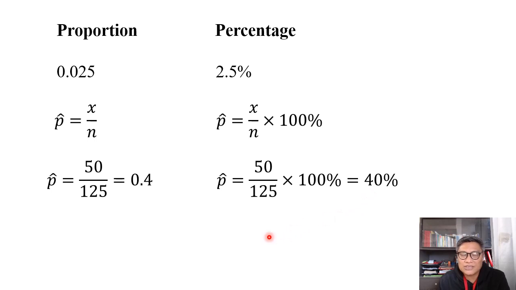But during the process of solving, class, we use the proportion. When we answer, it now depends on the question. If we are asked for a proportion, then our answer should be in proportion. If we are asked in percentage, then our answer should be in percentage. So we must be consistent, not in the solution, class, but in our interpretations.